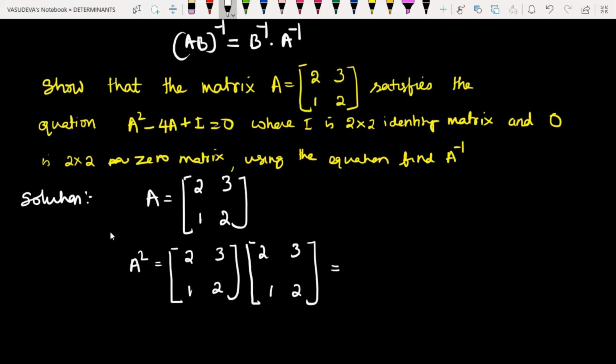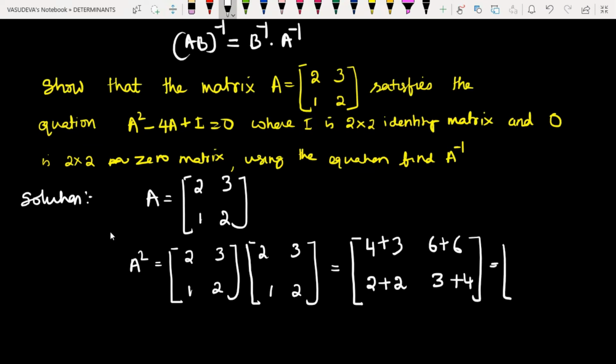Now multiplying these two matrices, first row and the first column, 2 into 2 is 4 plus 3 into 2 is 6, and so on. Second row and the first column, 1 into 2 is 2 plus 2 into 1 is 2, second row and the second column, 1 into 3 is 3 plus 2 into 2 is 4. So A square is finally 7, 12, 4 and 7. This is A square.